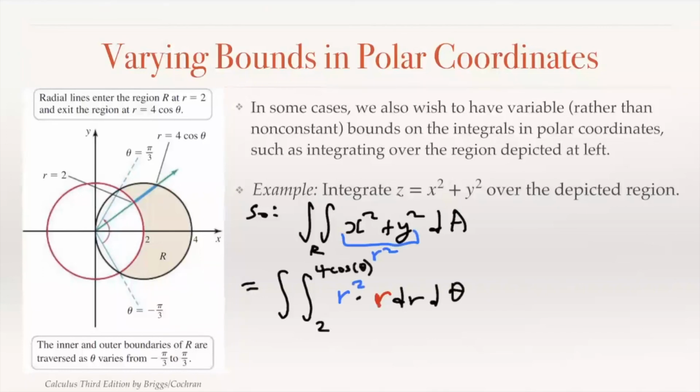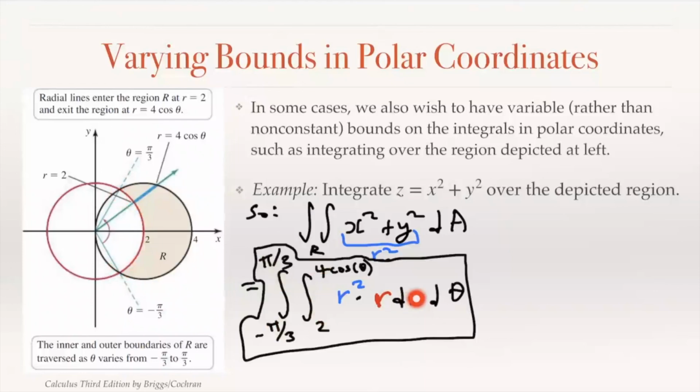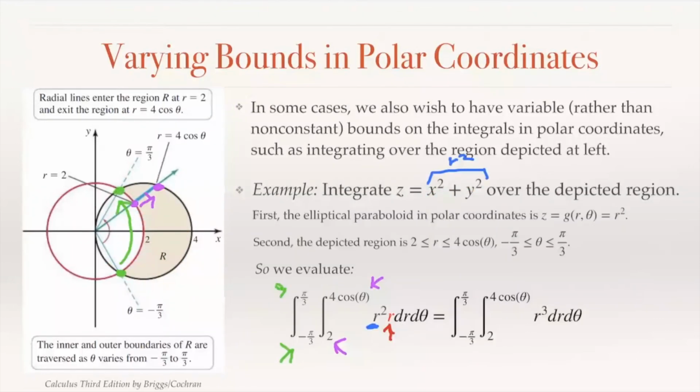And then our theta is moving between negative pi over 3 up to pi over 3. So that would be our setup to find the double integral of this function over this region. Okay, so it would come down to evaluating this double integral.